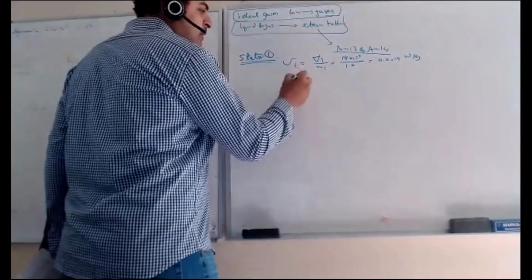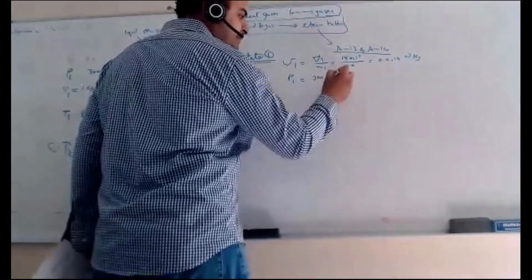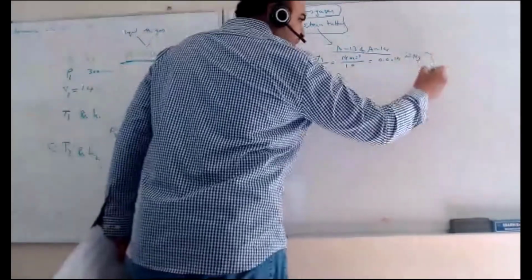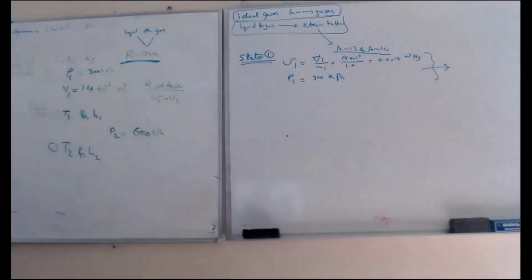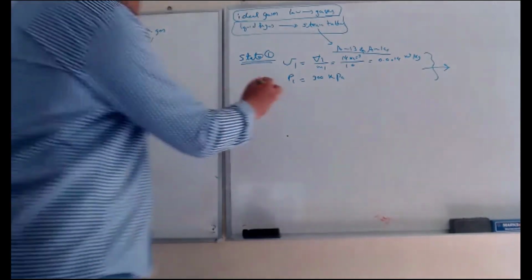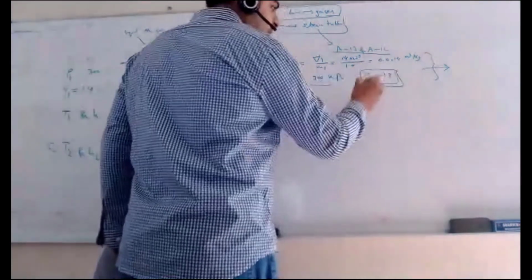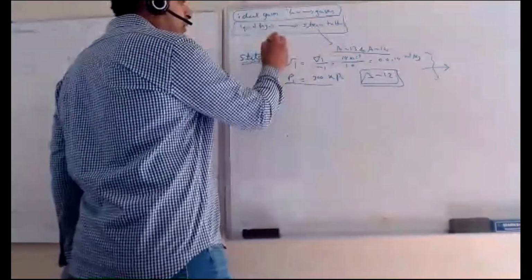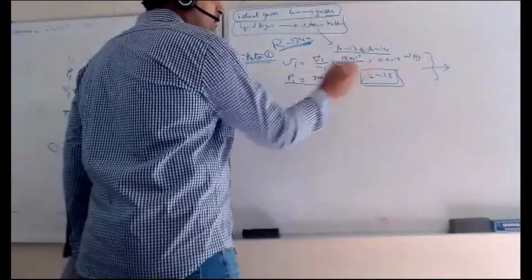We have P1, which is 300 kilopascal. From these two together, you can get everything for this state. Go to table A12. A12 is better here because you have pressure. So table A12 for this fluid, R134A.